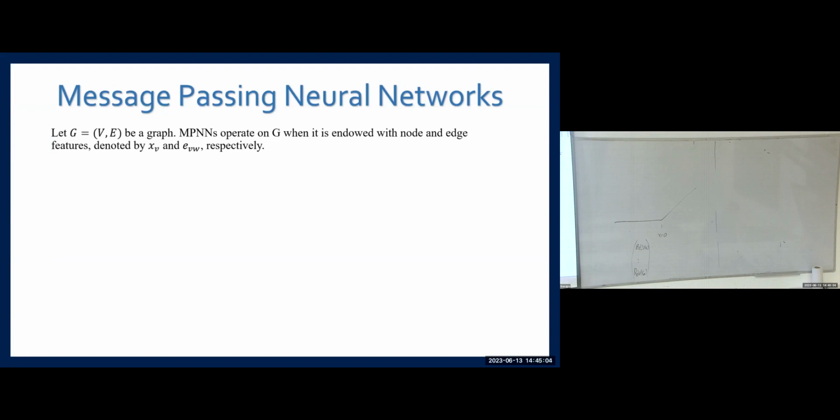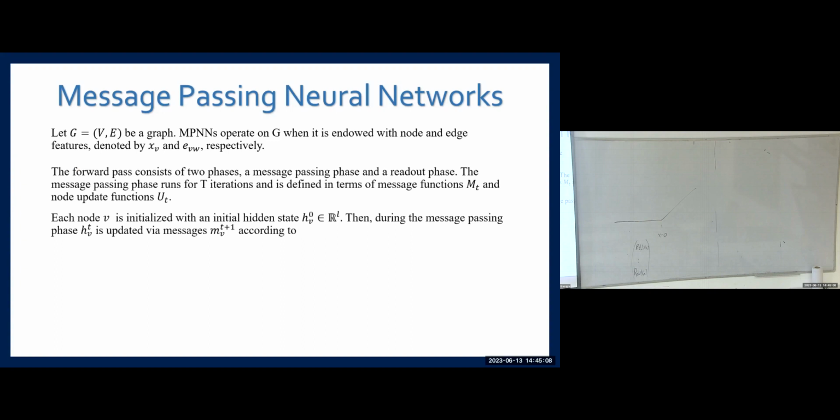Like we discussed, now it's usually going to be distances. The forward pass of this network consists of two phases: a message passing phase, and a readout. The message passing phase runs for a predetermined number of iterations and is defined in terms of message functions and update functions.